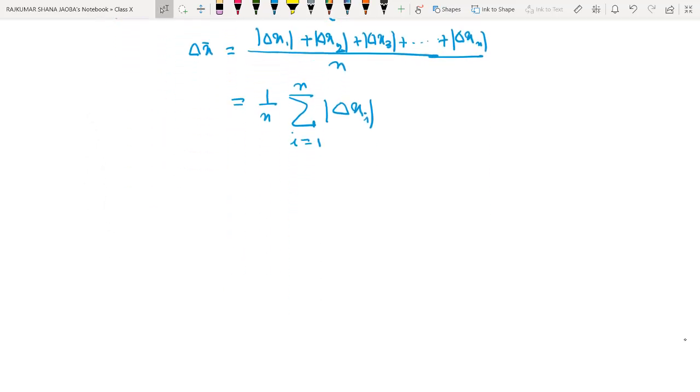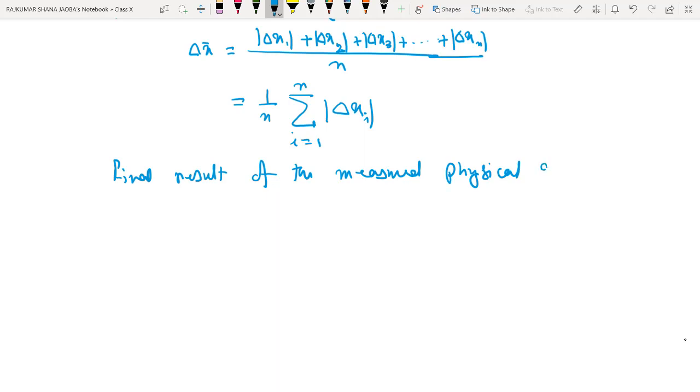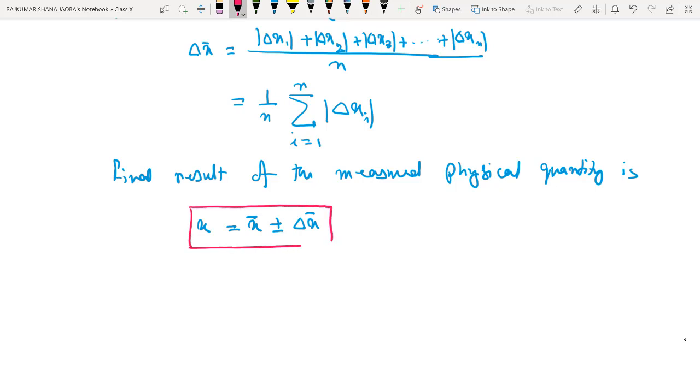So hence the final result of the measured physical quantity is x equal to x bar plus or minus delta x bar. So final result we can put like this.